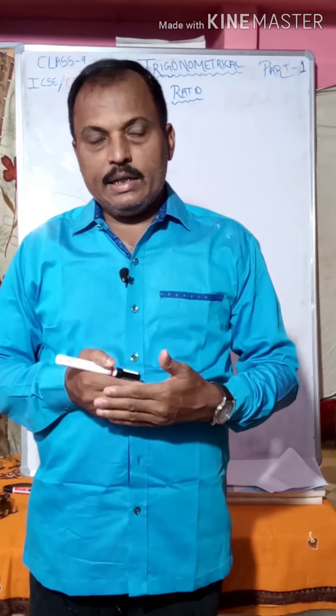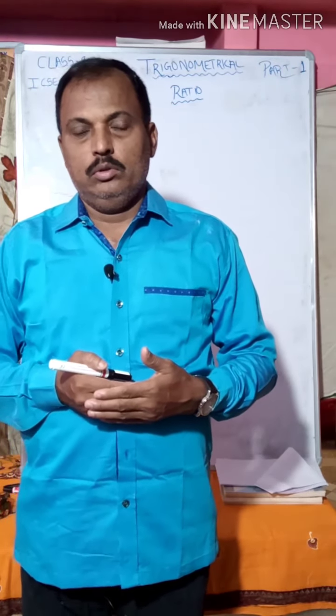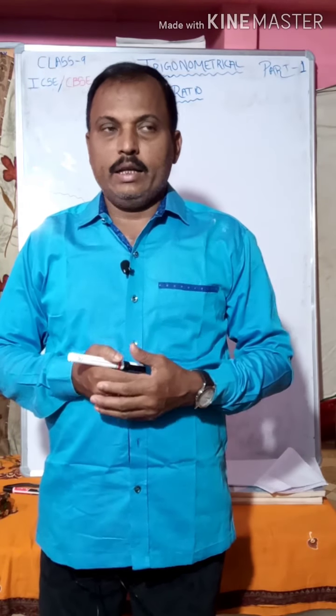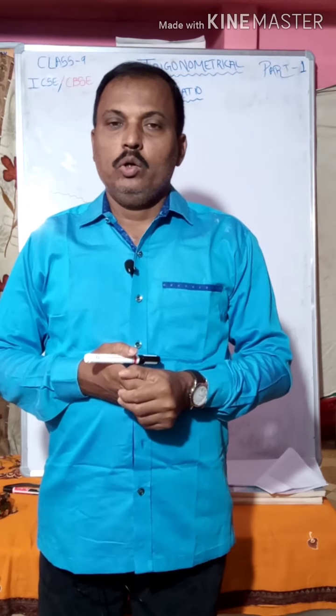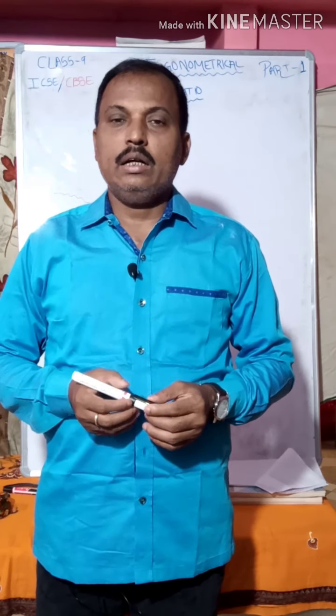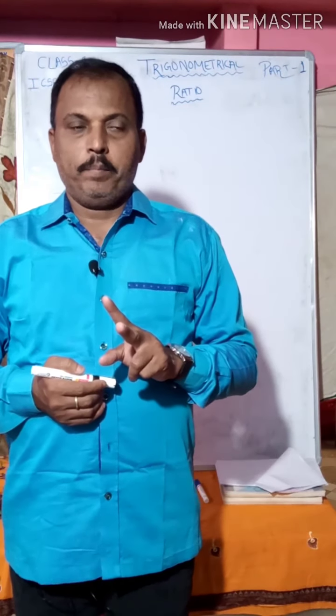Trigonometry has 6 ratios. What are they? Sine, cosine, tangent, cotangent, secant and cosecant. There are 6 trigonometry ratios.